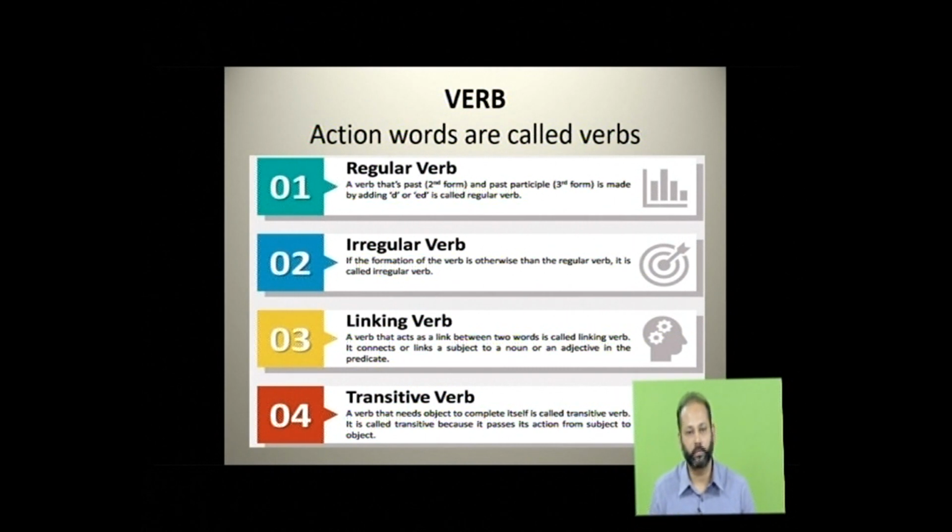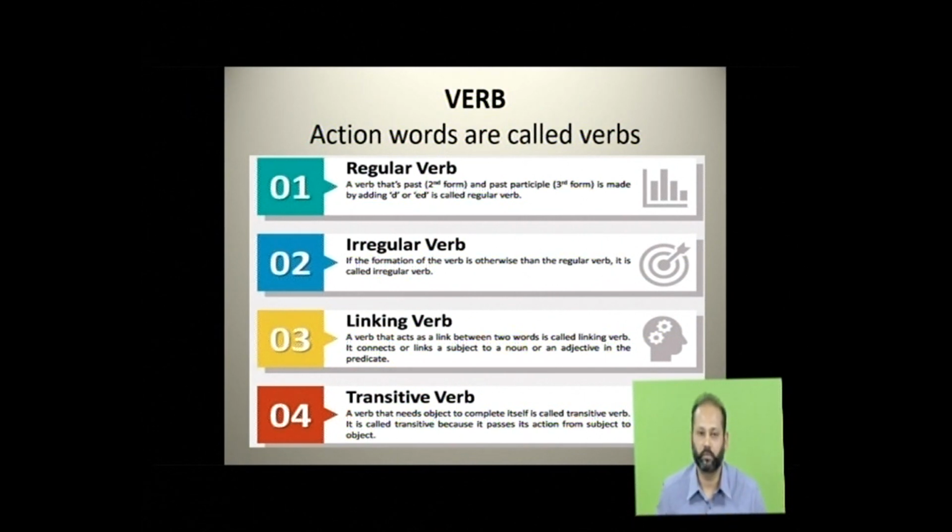Felt is a verb, but it is transitive in nature. It requires an object to complete its sense. The doctor felt. Felt what? It requires an object. What is the object? The pulse of the patient, isn't it? The doctor felt was incomplete in sense. When object was added into it, it makes complete sense.